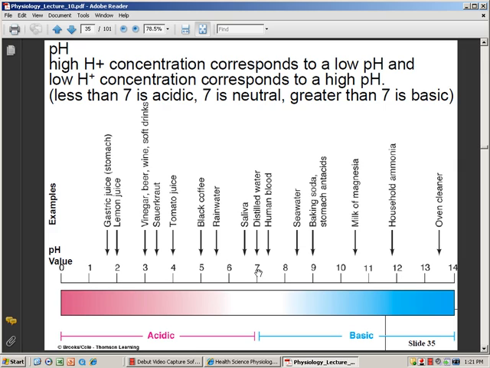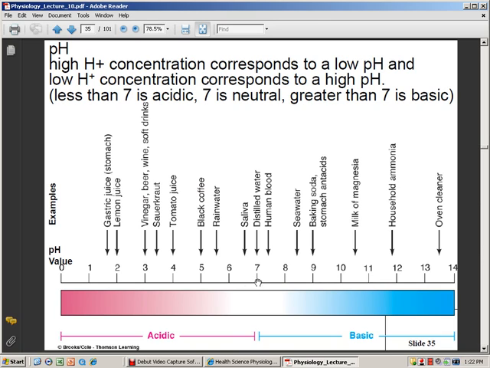Quick math would be 10, 100, 1,000, 10,000, 100,000 times more acidic. Is that a big difference? It's a huge difference. Does changing this number just a little bit from 7 to 6 make much of a difference? 10 times difference. It makes a huge difference.